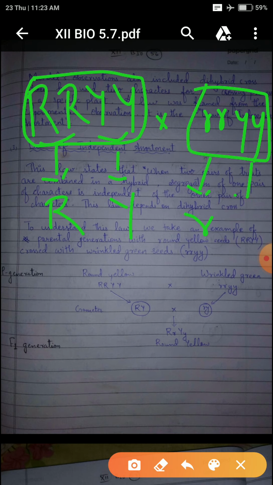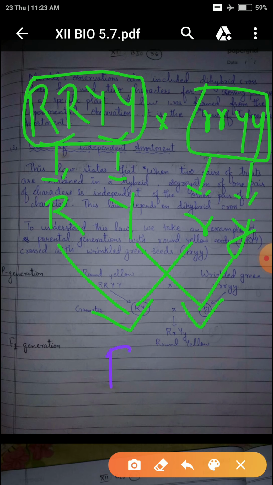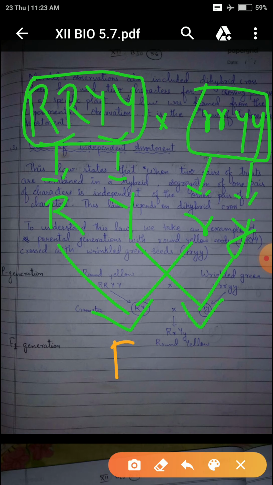Now you will have to form the F1 generation. What will be the F1 generation in this scenario? You will get capital R small r, capital Y small y, a heterozygous condition, right? Capital R small r, capital Y small y. What was this one? This was round yellow. What was this one?